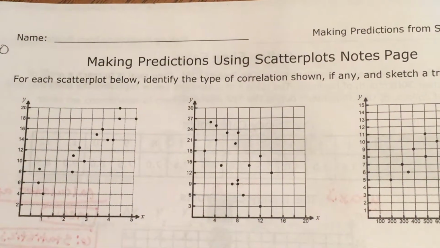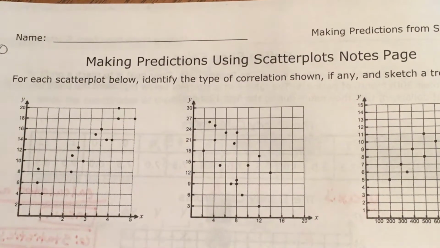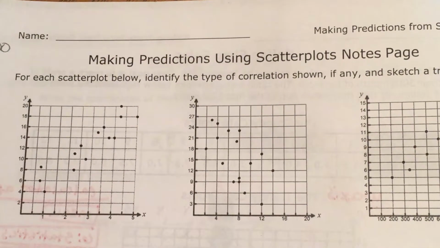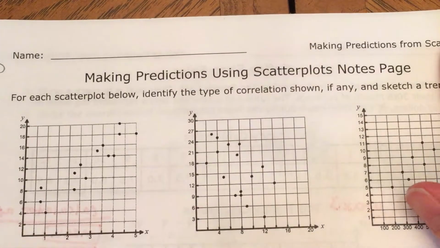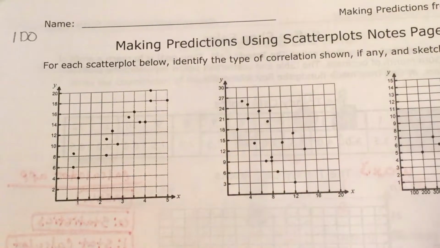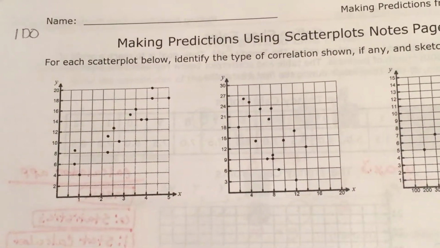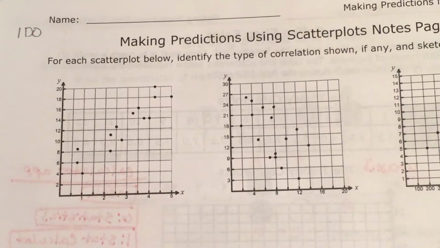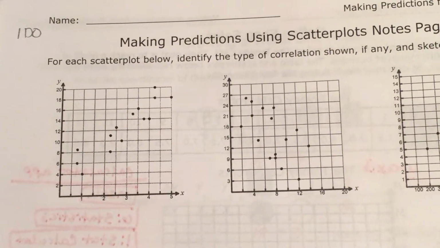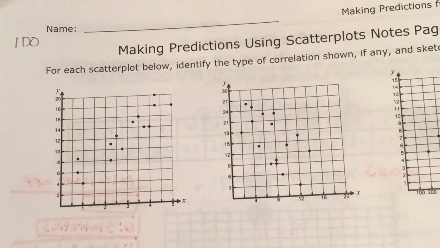All right, welcome back. So let's continue learning about scatter plots, and we need to learn how to understand what's happening in the plot with all of the points, and as a result make predictions, because that's our goal, is to understand what's going on and make predictions.